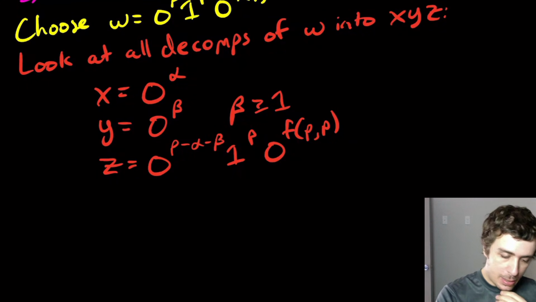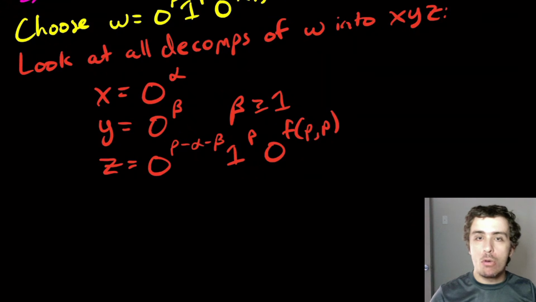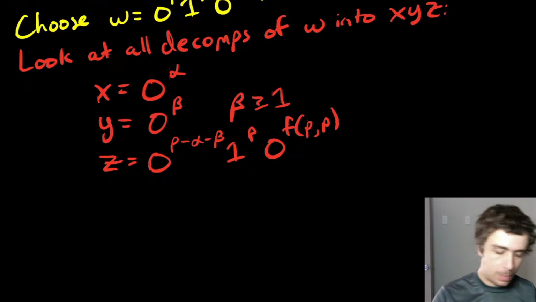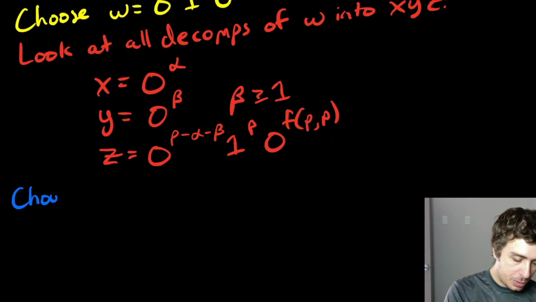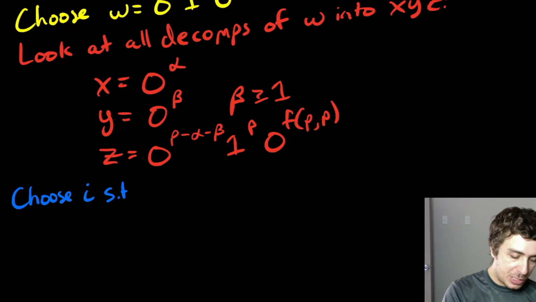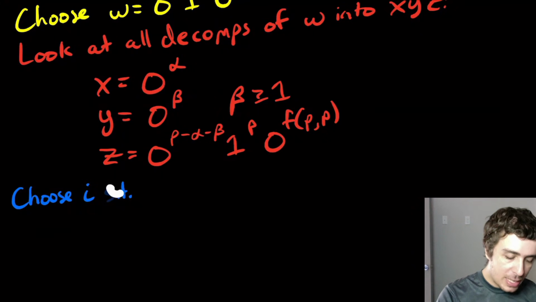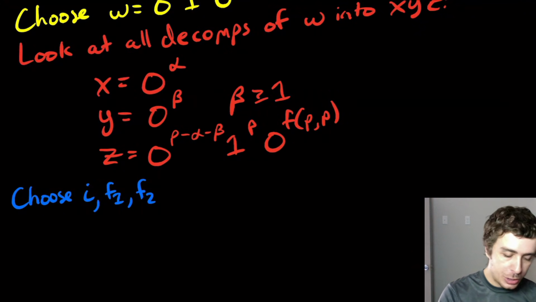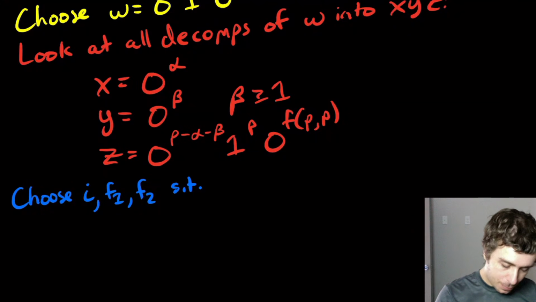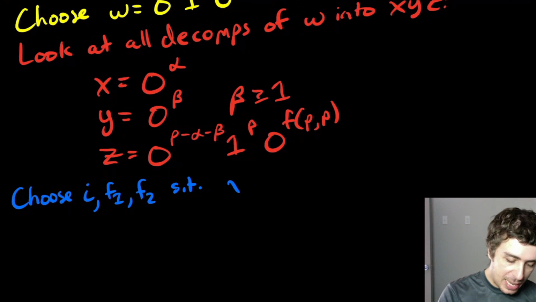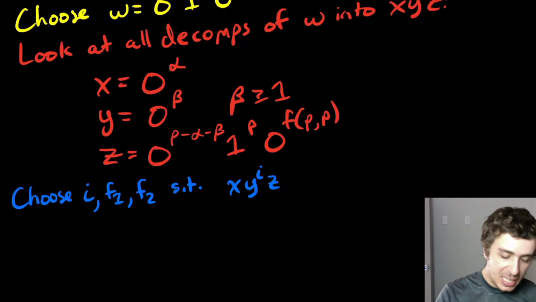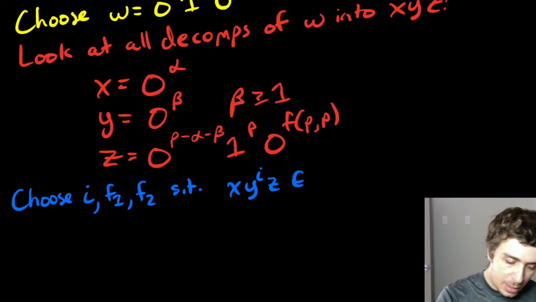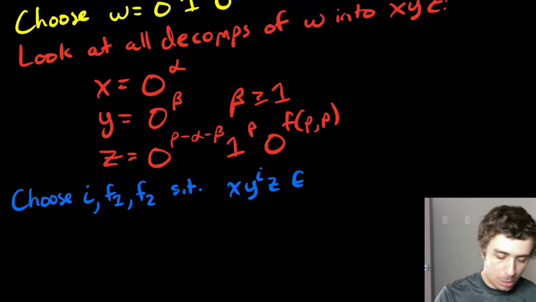Okay, so then now what we need to do is choose a value i such that this is not in the language anymore. So choose an i such that, technically we need to choose functions f1 and f2 also, such that x y^i z is not in, okay, I'm abusing notation a little bit, so is not in L1 or L2.